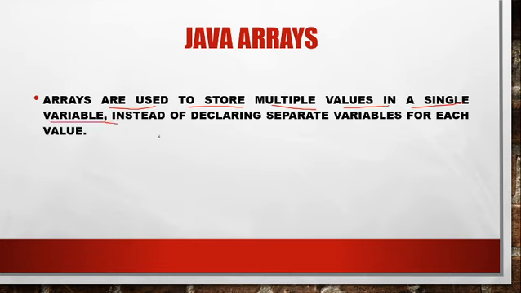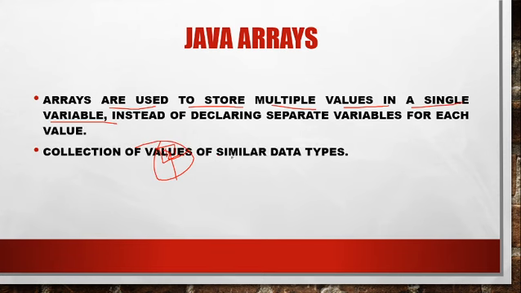As we know about the variable, in a particular variable we can store only one value, like 1. If you store 1, then 1 is there. If you want to store 2, then 1 will be removed from here. So what is the process through which in a single variable we can store multiple values? This is with the help of array. In Java we can store multiple values in a single variable.